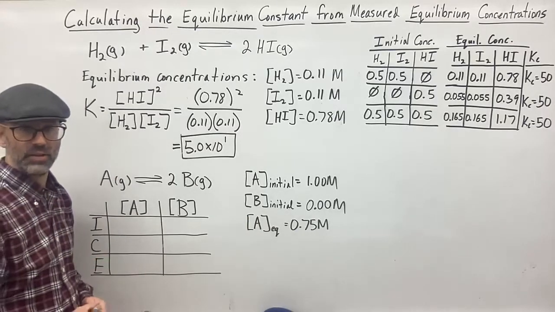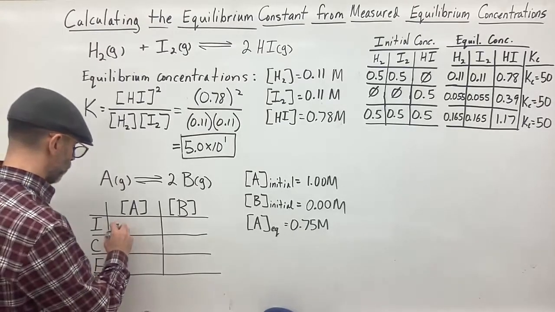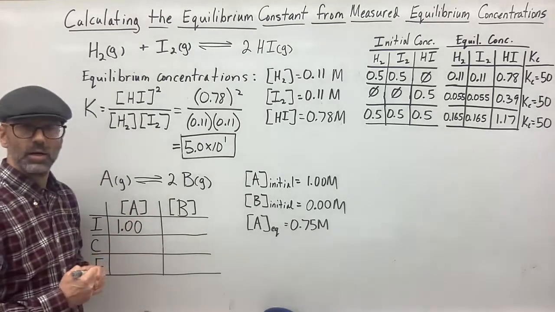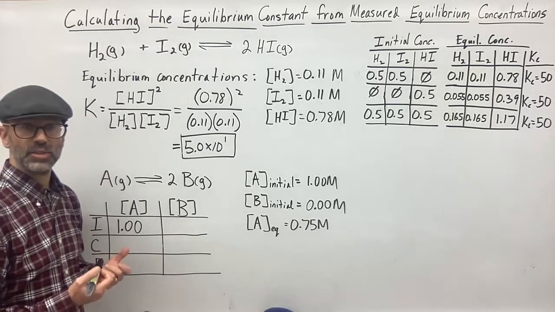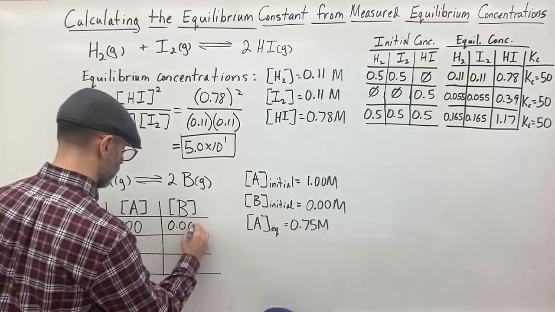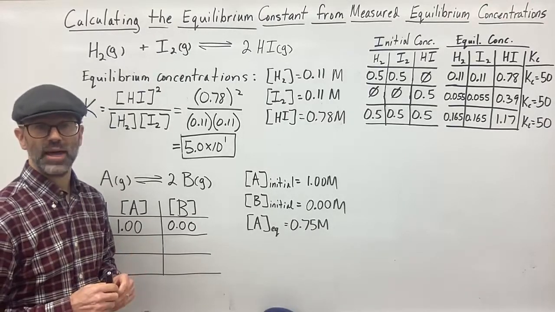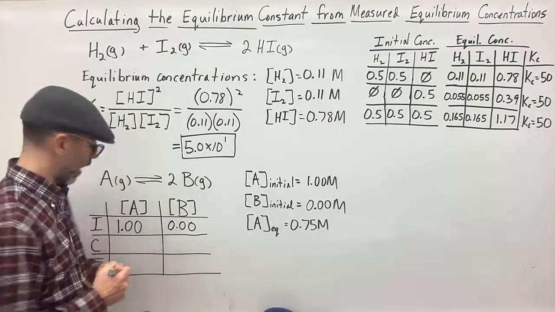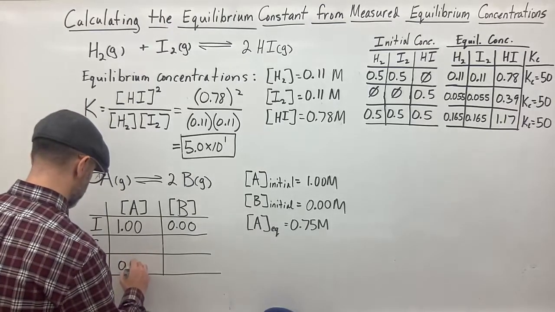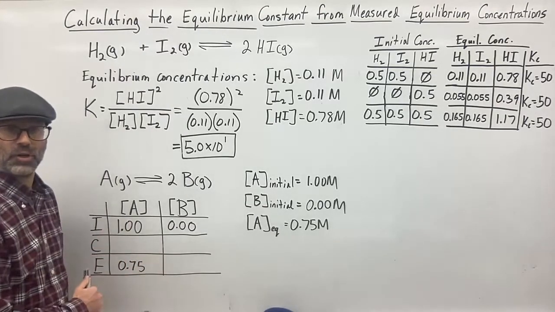So I know that the initial concentration of A is 1.00 molar, so I'm going to put 1.00 for my A. The initial concentration of my B is 0.00. And I know that the equilibrium concentration of A is 0.75, so I'm going to put that here under equilibrium, 0.75.